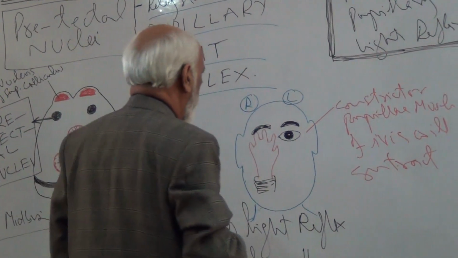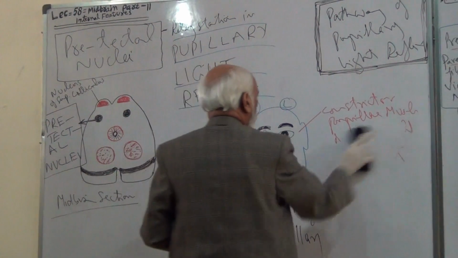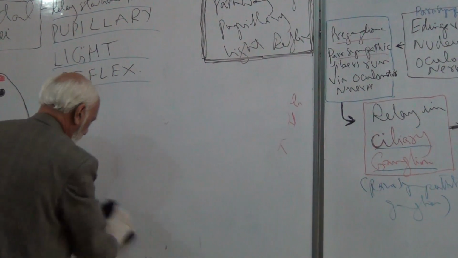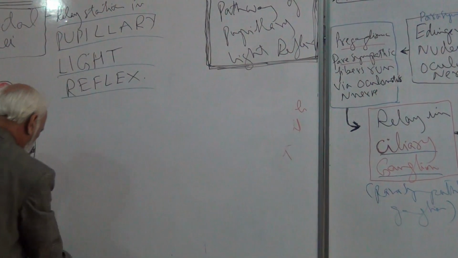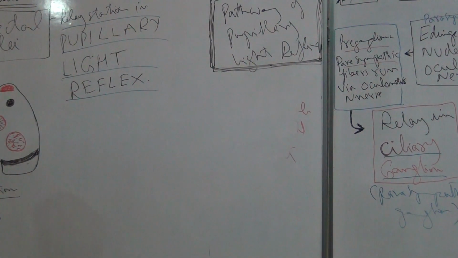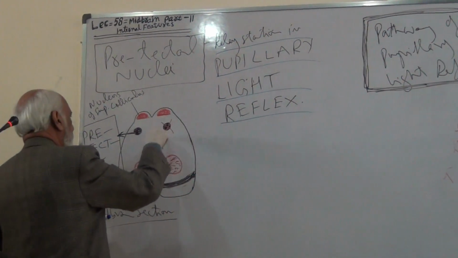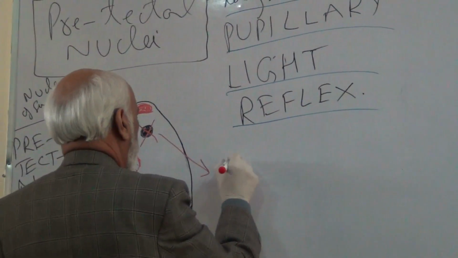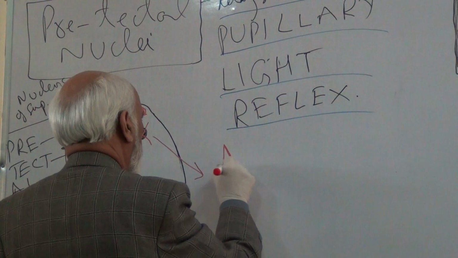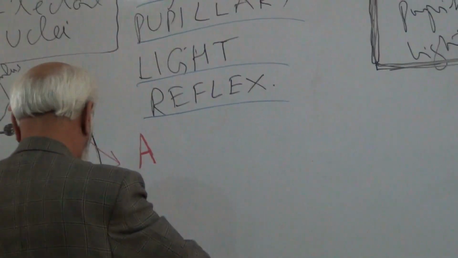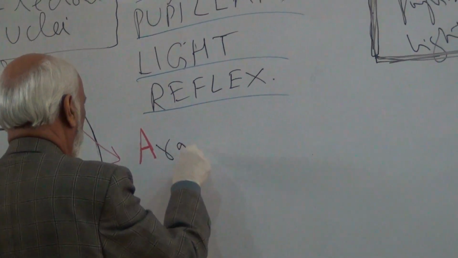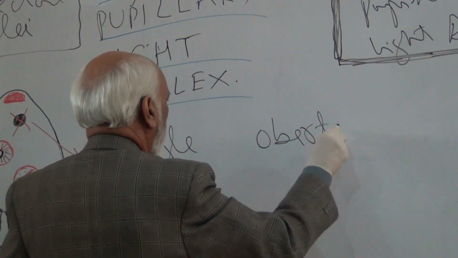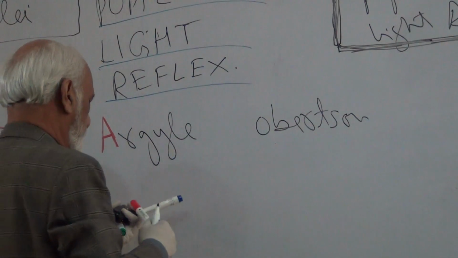So what is the applied aspect? When the pretectal nuclei are damaged, it will result in a condition known as Argyll-Robertson pupil.